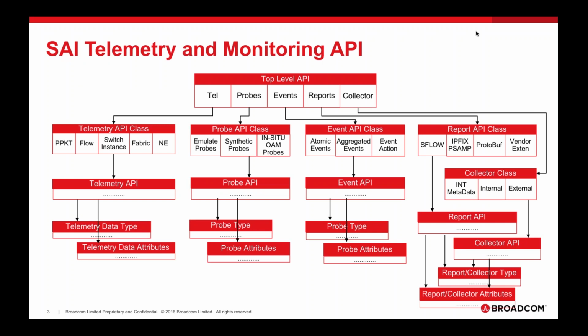So this is a busy slide, but I will start from the top. The main objects in play for any telemetry and monitoring system are essentially the telemetry APIs themselves, and that is a bigger domain.